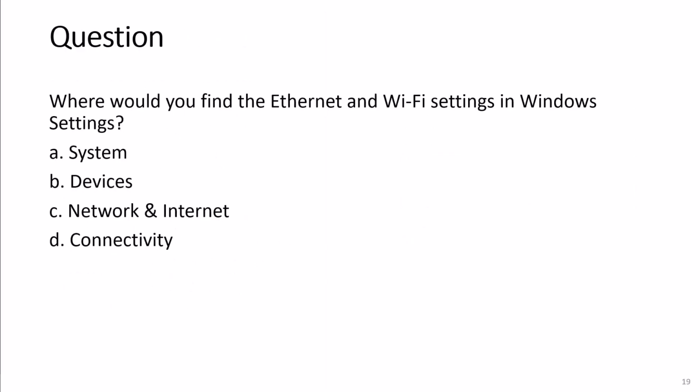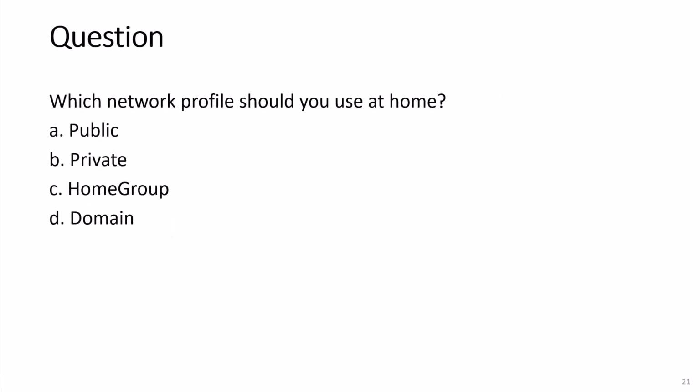Question: where would you find the Ethernet and Wi-Fi settings in Windows Settings? Answer: Network and Internet. Question: which network profile should you use at home?